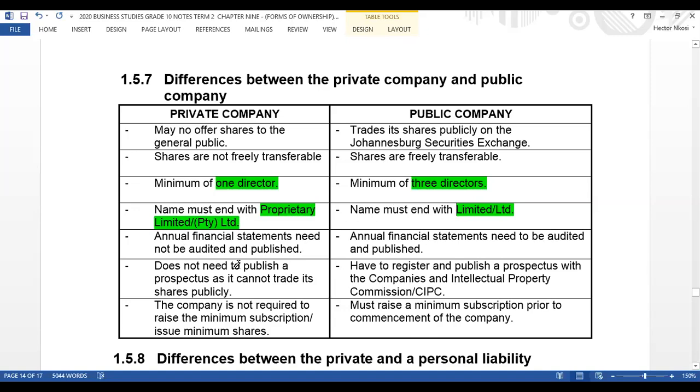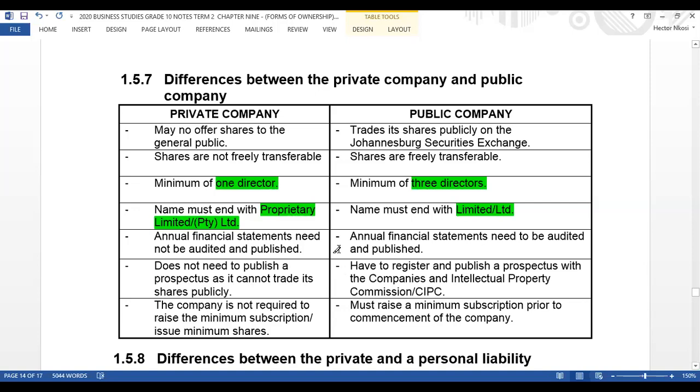The other thing that you need to know is that a private company does not need to publish a prospectus, as it cannot trade its shares publicly. So here we don't have to issue a prospectus.